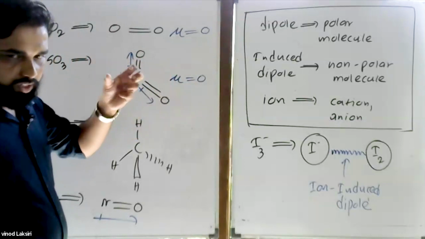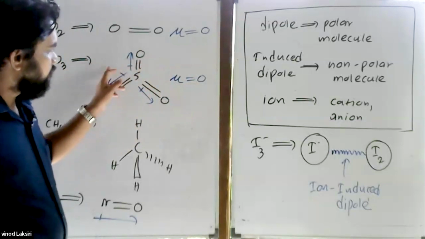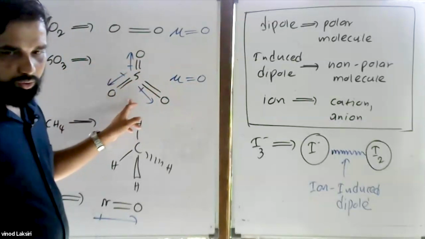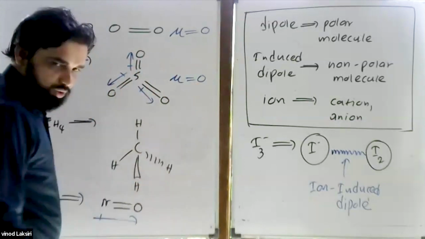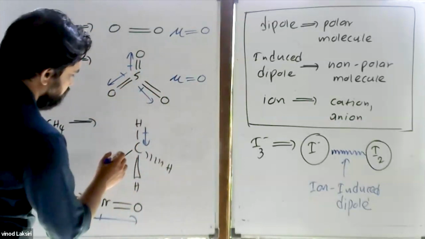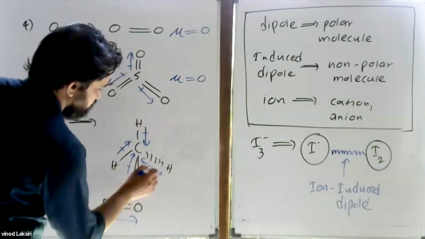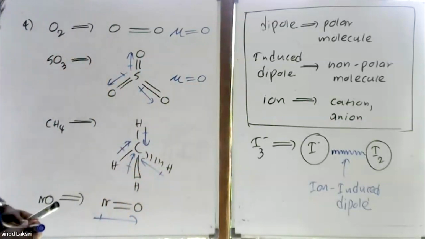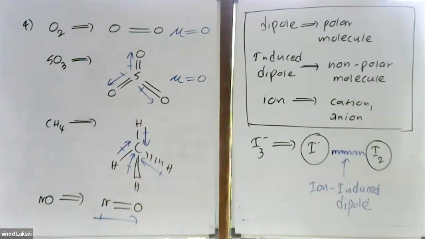So generally you can think of it like net force: when there are 3 poles like this, net force is 0, right? Then here, tetrahedral, this one is also symmetric. The dipole moment is present towards carbon, and all are cancelled, right? Therefore, the net dipole moment is 0, right?